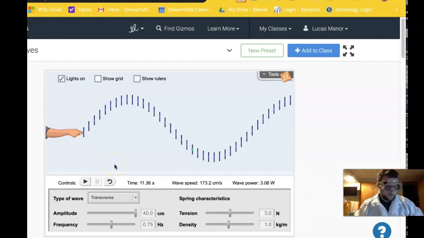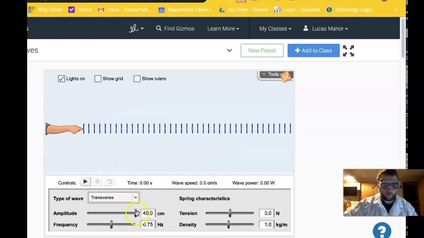So it increases the wavelength and has no effect on the speed. Okay, we're going to reset. We're going to put our amplitude back to 20.